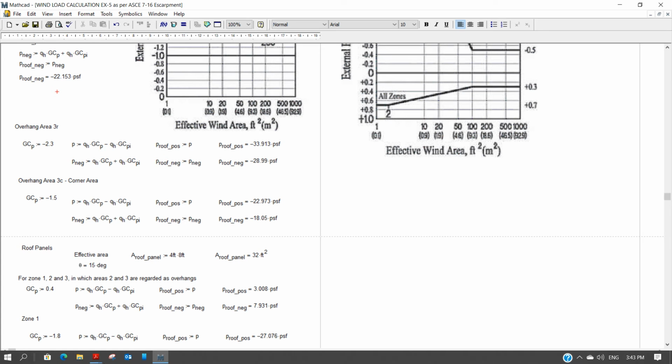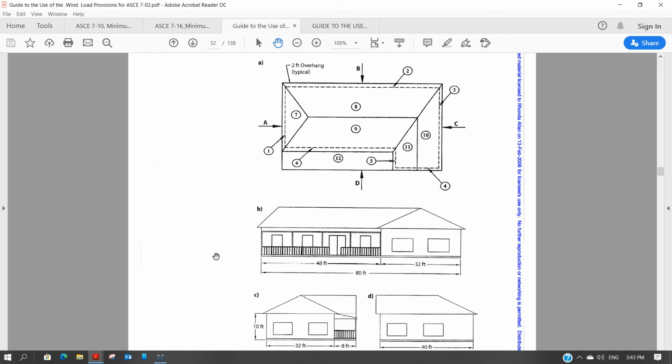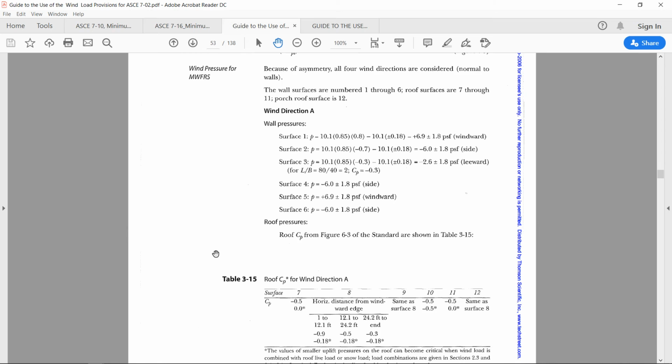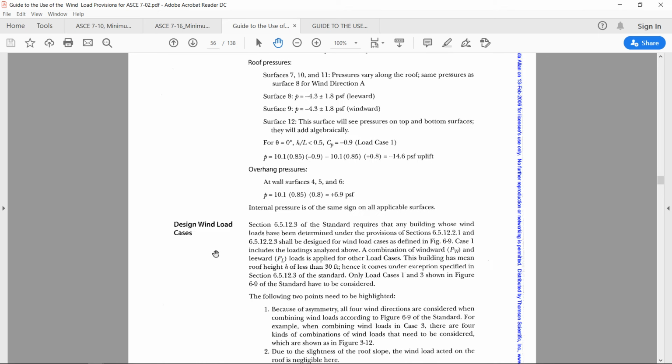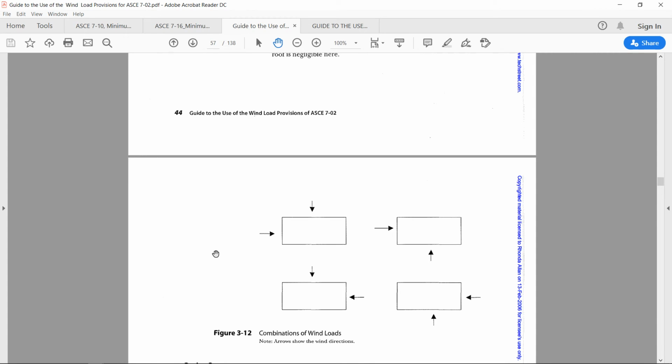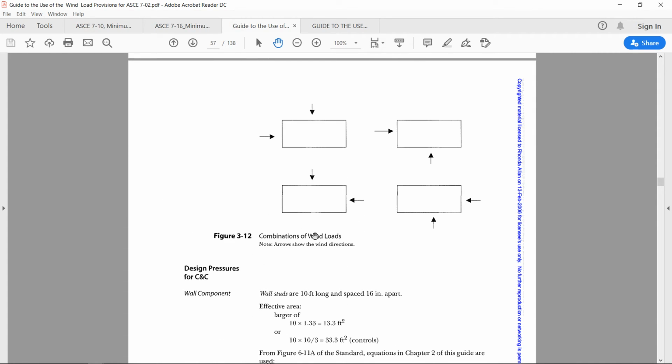Here is the possible load combination given. Once you calculate all the load cases for component and cladding, then this is the combination of wind load. That means you should consider first A and B, then A and C, then B and D, and then C and D. So this will be the possible wind load combination, and you should use these wind load combinations in your calculation.